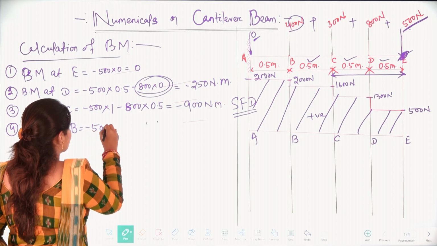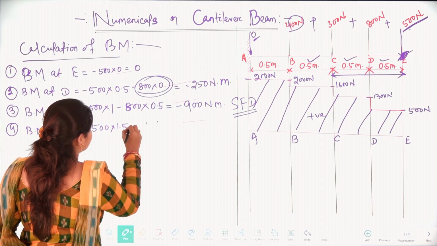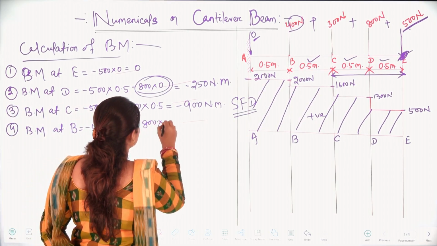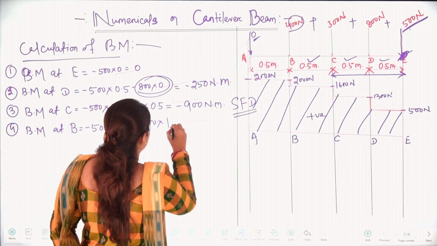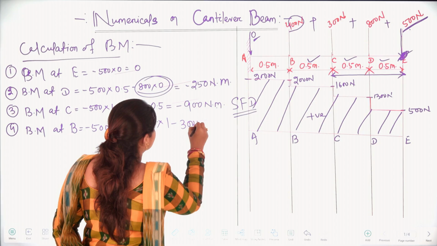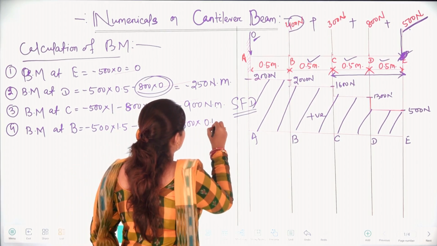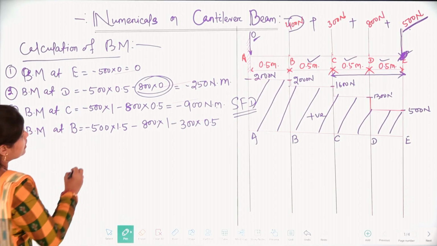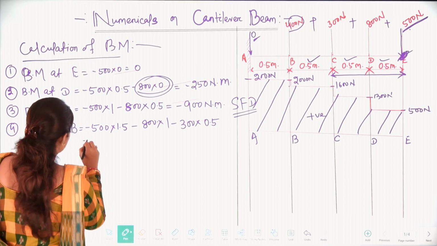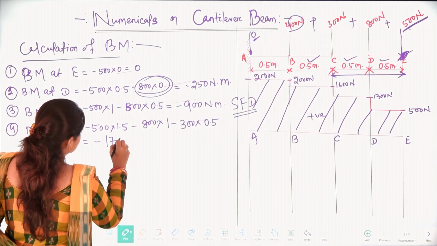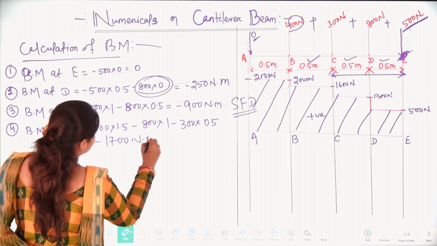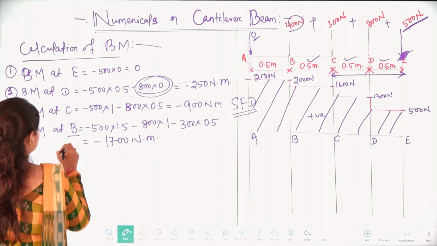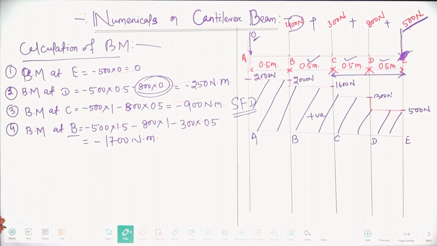So minus 500 into 1.5, again minus 800 into 0.1, and again minus 300 into 0.5. So we will have the value as minus 1700 Newton into meter at point B.